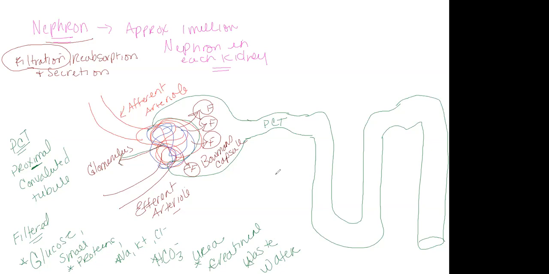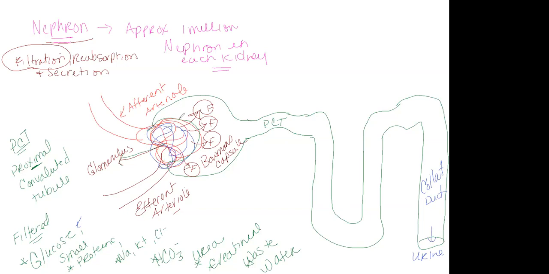So when we look at this list that I've created, we don't want all of those things to end up here in the collecting duct, which produces the urine. We don't want those things to end up here, especially glucose. Remember, blood flowed in through the afferent arteriole.